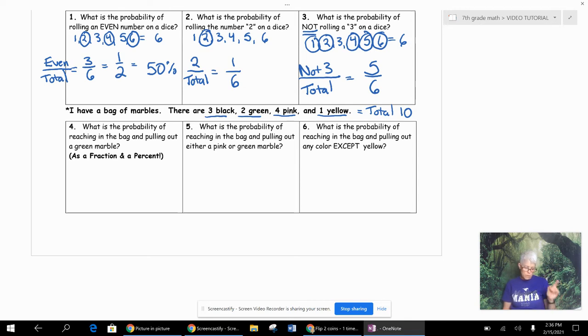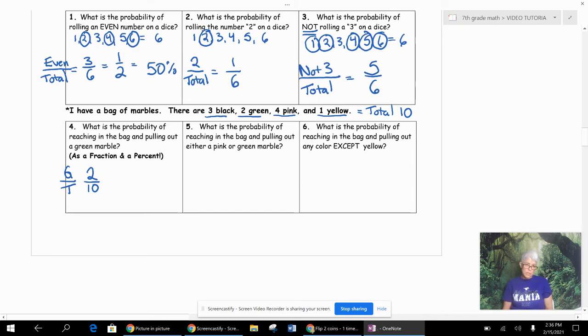And we're supposed to do it as a fraction and as a percent. So let's say green. I'm going to put G for green over T for total. Keeps my brain thinking right. I'm going to look up at my list and I see that there's 2 green. We already know that there's 10 total.